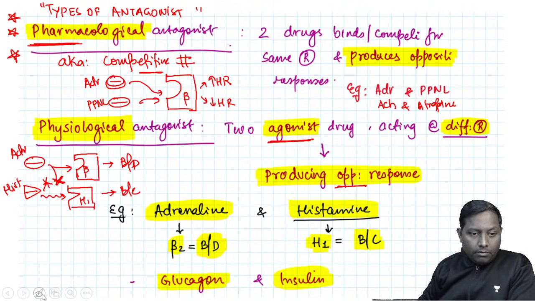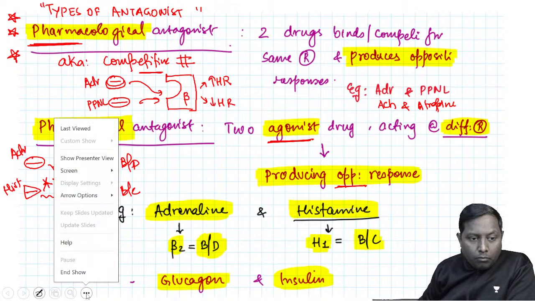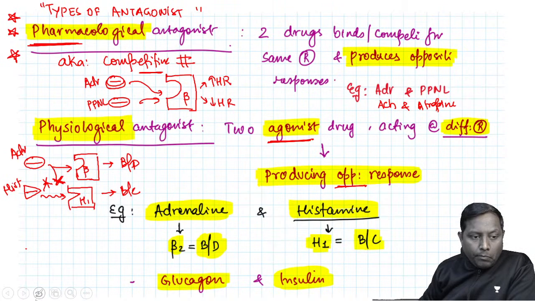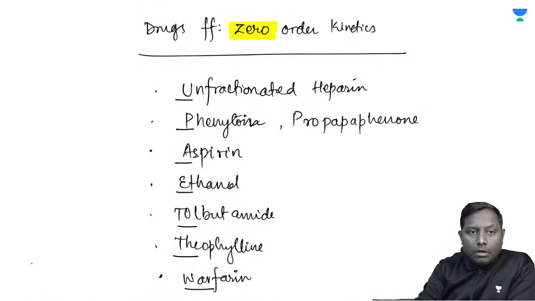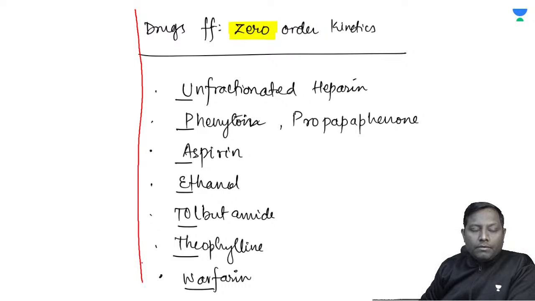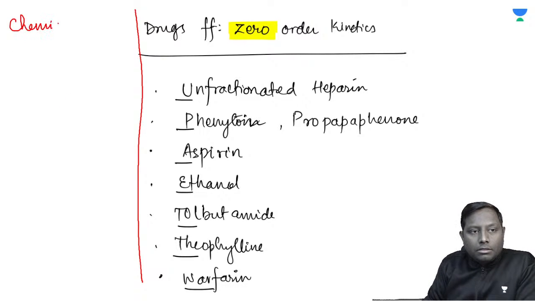Okay, another one that you should know, I think I need to add one more. Let me see if I can add one more. Okay, there is no space, so I'll just write it here. Another one that you should know is known as chemical antagonists. Chemical antagonists are all the chelators. All the chelators are examples of chemical antagonists.